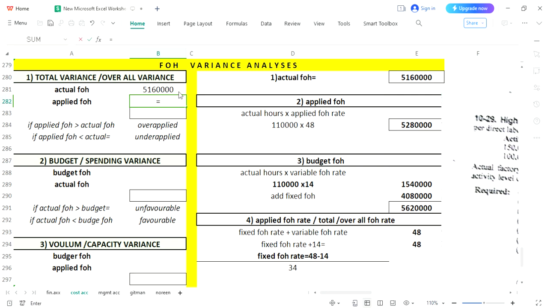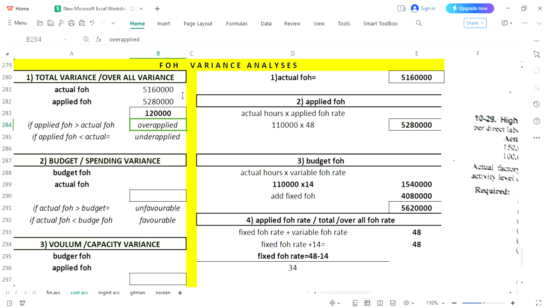Then you need to write applied FH there. Highlighted area, please focus. This was applied FH and we have calculated it. The amount was 52,80,000, put over here. It's time to calculate its variance by subtracting actual from applied FH. So we have applied FH 52,80,000, subtract actual FH which is 51,60,000.